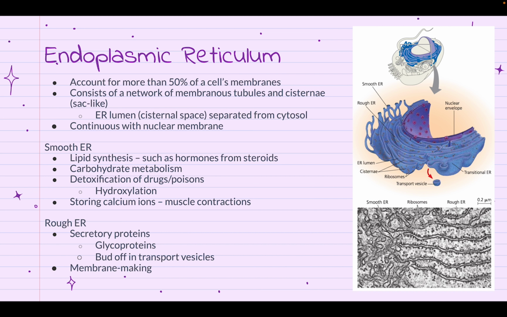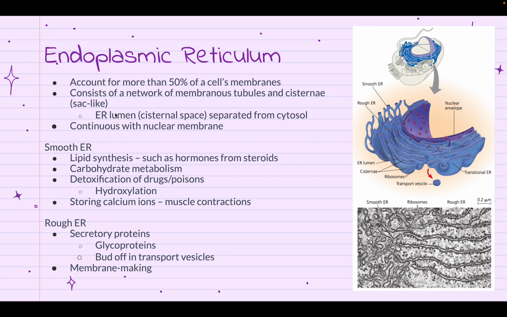Now let's talk about the endoplasmic reticulum. It's pretty massive, just in terms of how much membrane there is. It accounts for more than 50% of a cell's membranes, and it's a network of membranous tubules and cisternae, which are sac-like. You'll notice that the smooth ER tends to be like those tubules you see right here, and the rough ER tends to be more of those sacs, those cisternae.